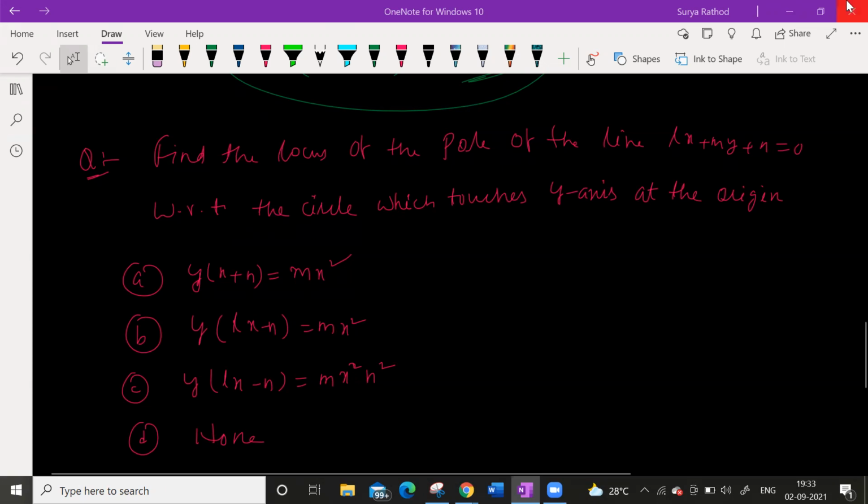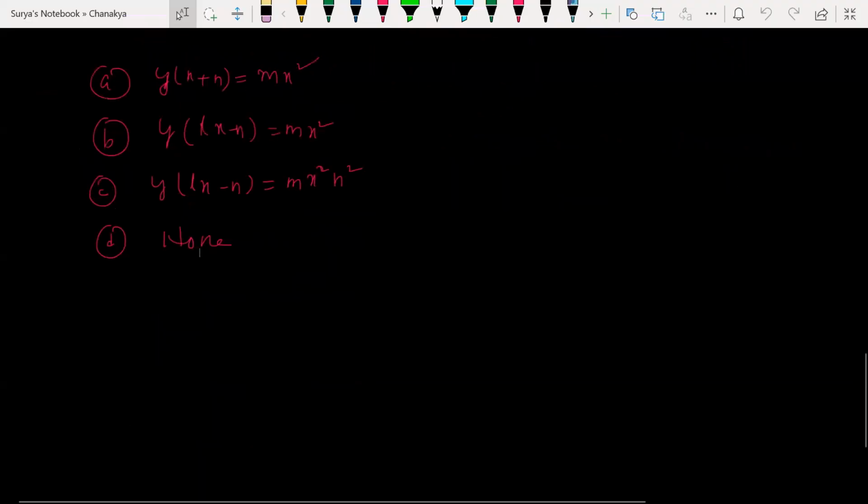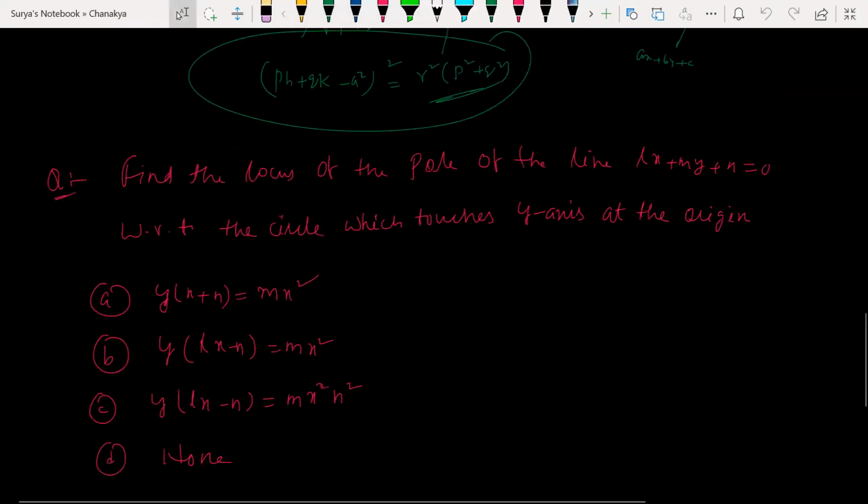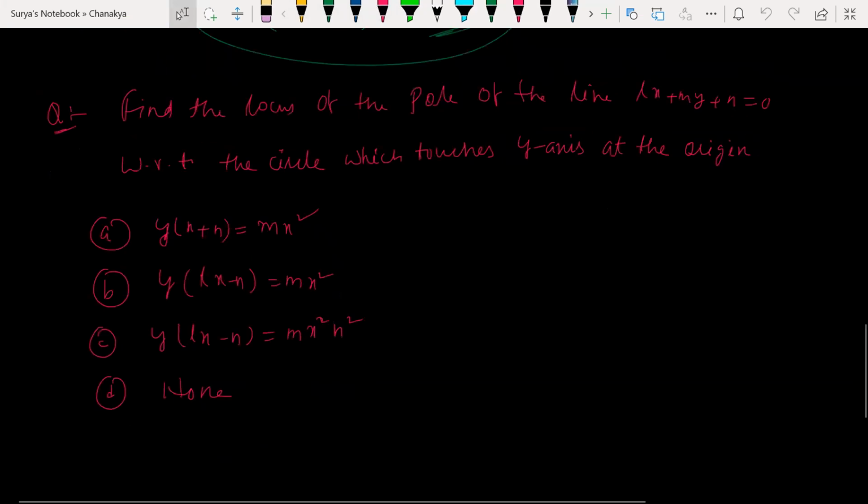Look at this here. Let me show you. Find the locus of the pole of the line Lx plus My plus N is equal to 0 with respect to the circle that touches the y-axis at the origin.